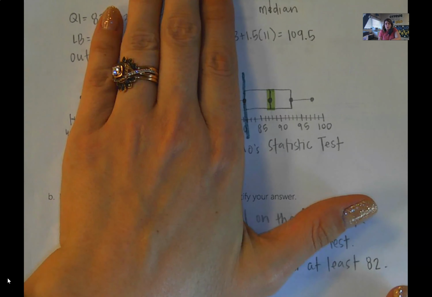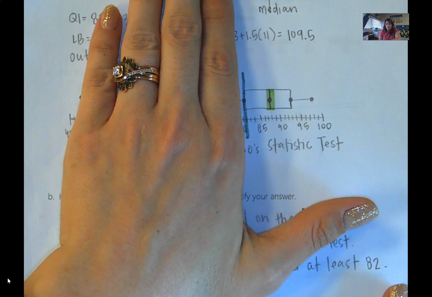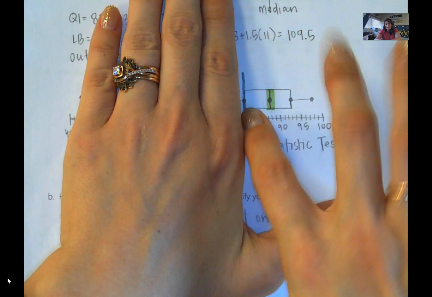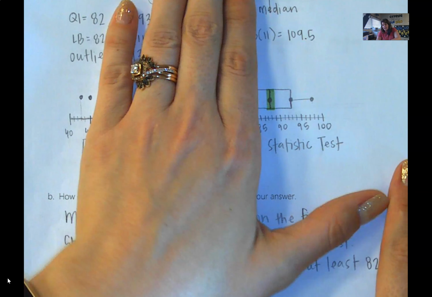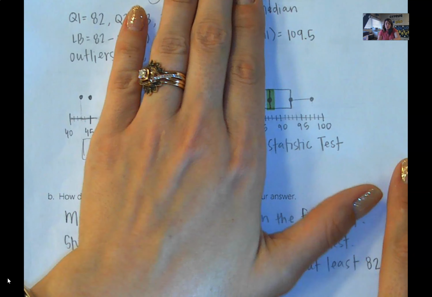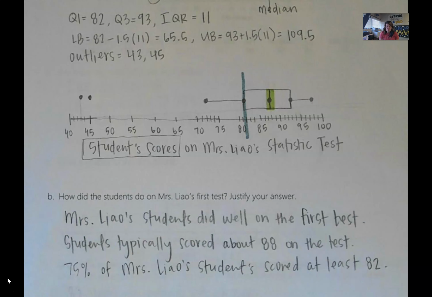To the right of quartile 1 is 75% of the data. So that means 75% of the kids got at least an 82. 50% of the kids got an 88 or higher. So overall, I think that Miss Lau's students did very well on the test.